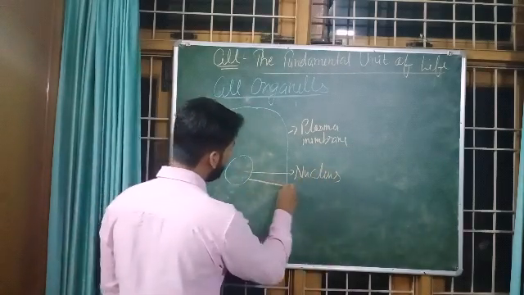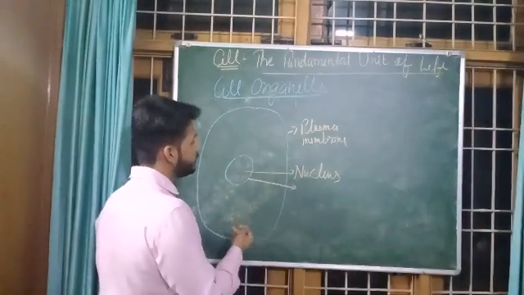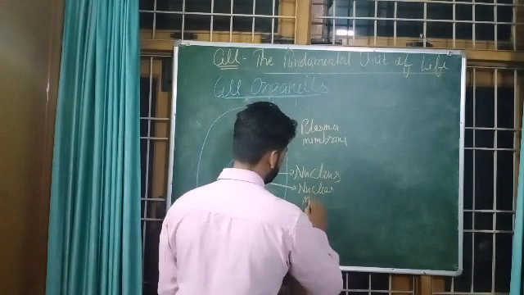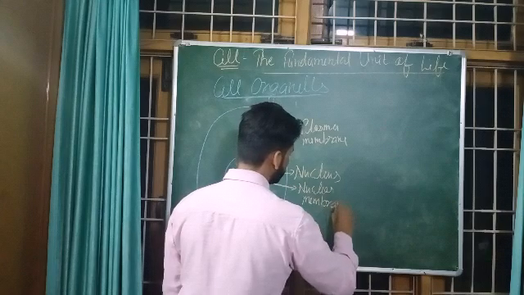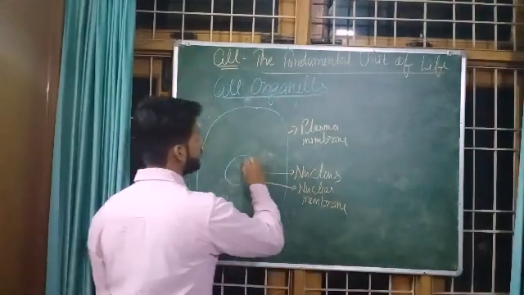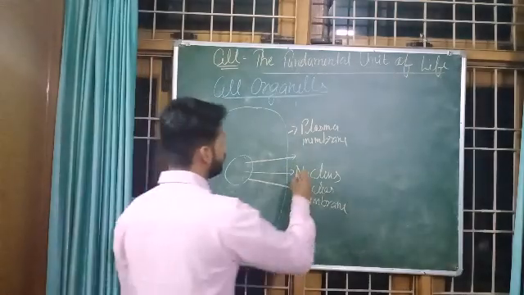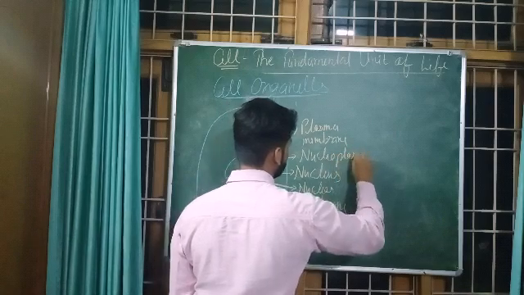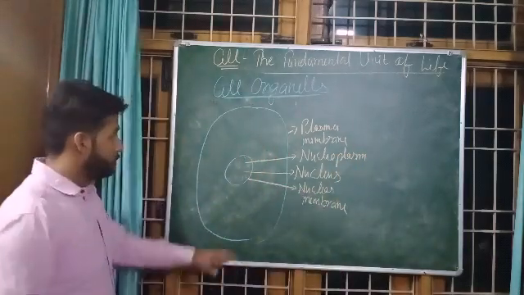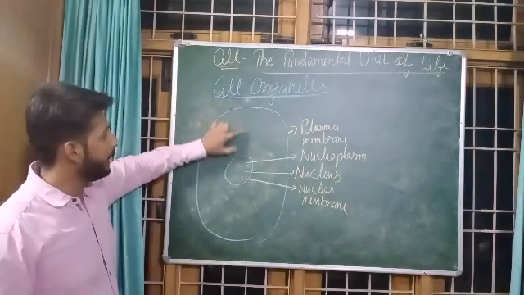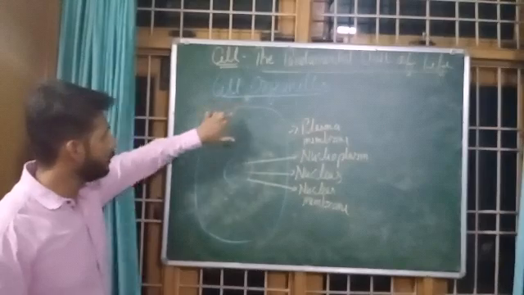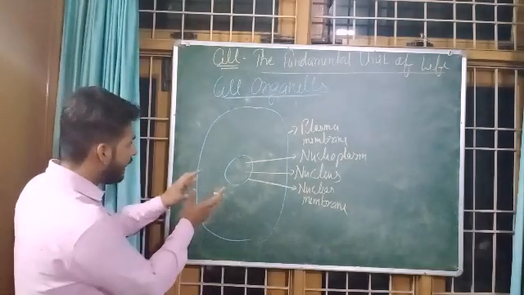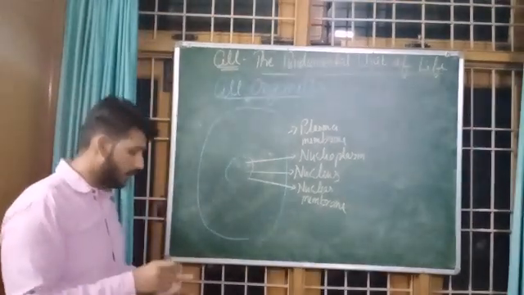The nucleus is covered by a membrane-like structure that is known as nuclear membrane. The fluid inside the nucleus is called nucleoplasm. So now this is plasma membrane and this is nuclear membrane. The fluid present inside the cell is known as cytoplasm, and in the cytoplasm various organelles are present.